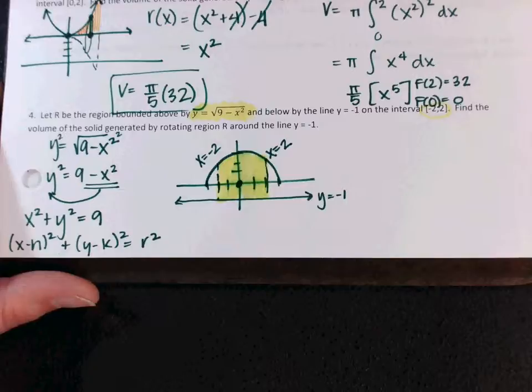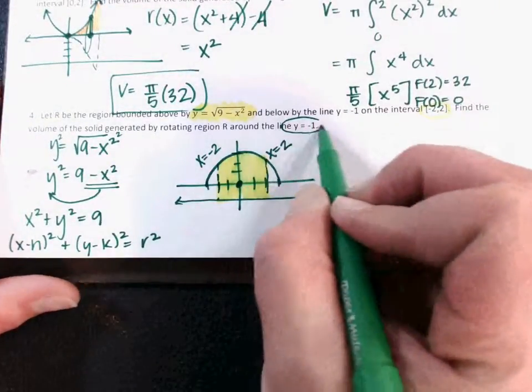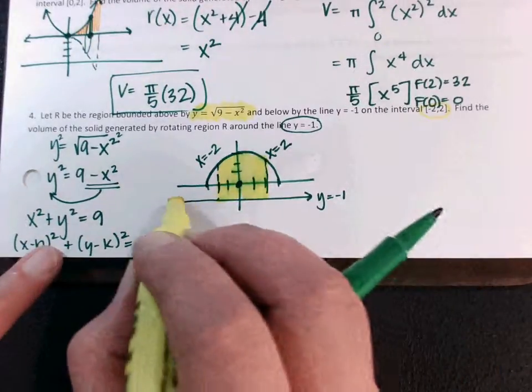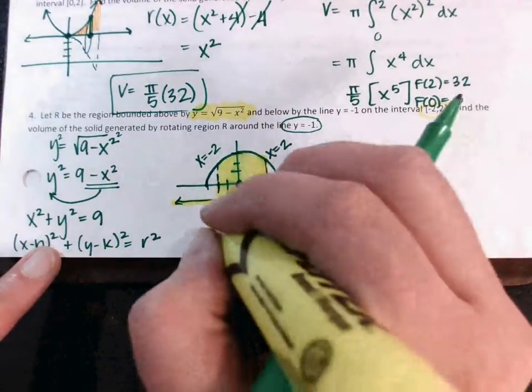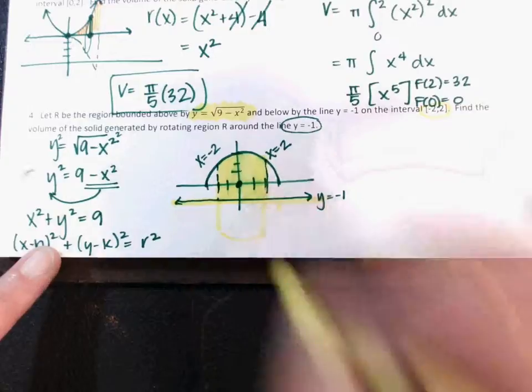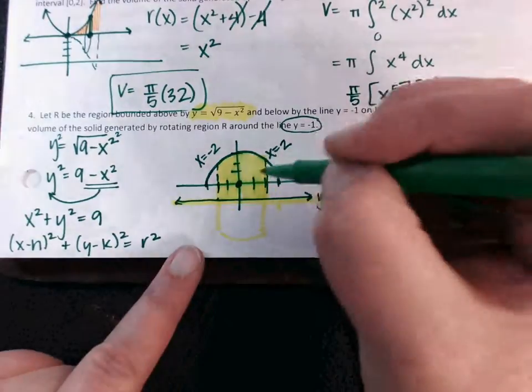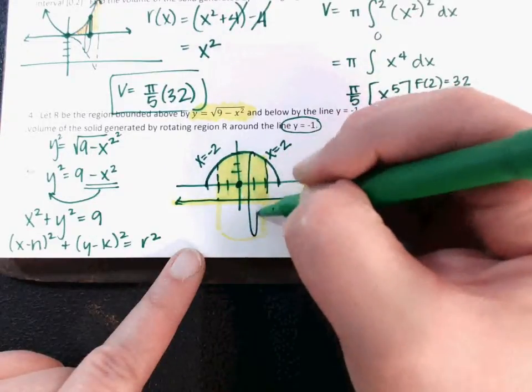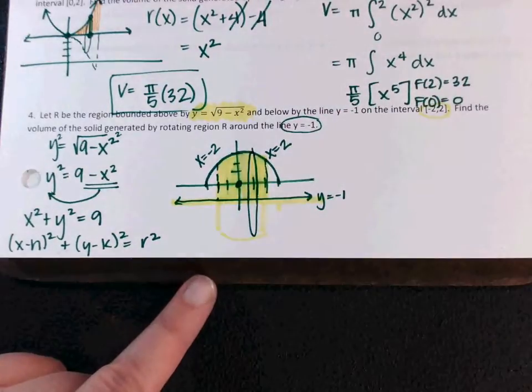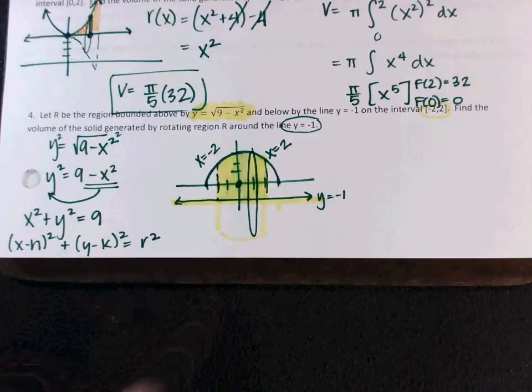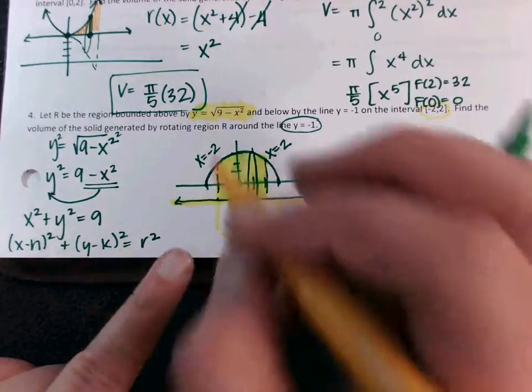Okay, now, next thing. What are we rotating around this time? y equals -1. So if this is my center, then when I reflect this across, I'm going to be here. And my circle is going to be here. Again, the drawing of this is really not that important.